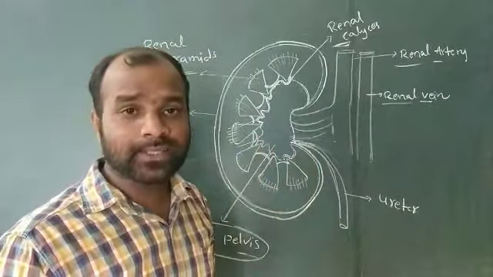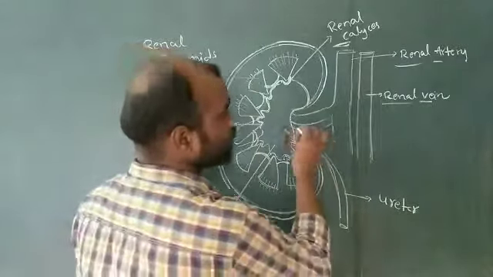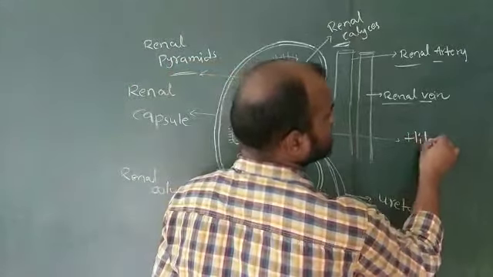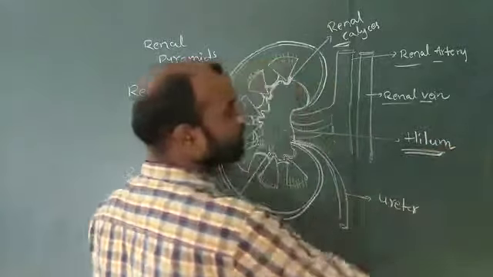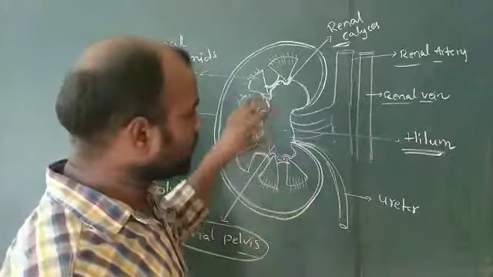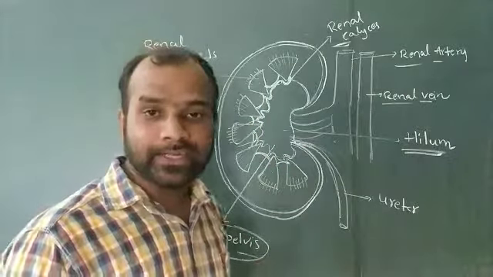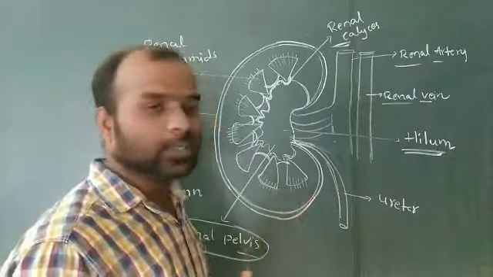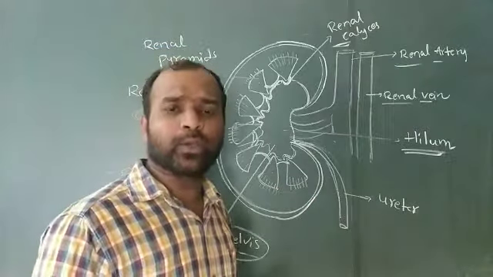This opening is called the hilus or hilum. So from this opening the renal artery and renal vein enter the kidney and the ureter exits out of the kidney. That is the internal structure of the kidney.